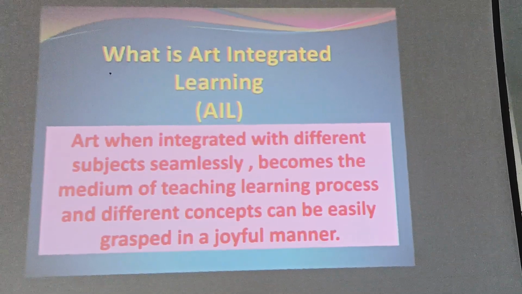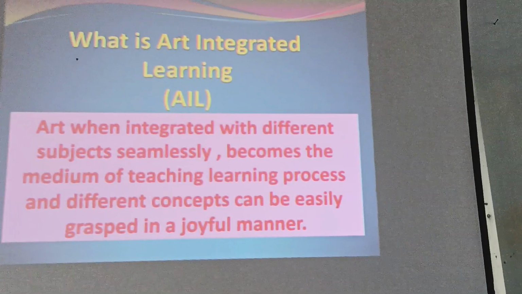Art integrated learning is one in which students feel good about themselves and develop positive qualities and attitudes. When a concept is not clear in its written form, the visual forms can help the student to understand it. And AIL is a teaching learning model which is based on learning through the arts and with the arts. It is a process where art becomes the medium of teaching learning, a key to understanding concepts within any subject of the curriculum.